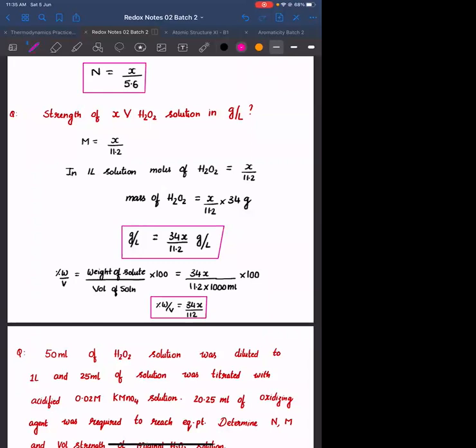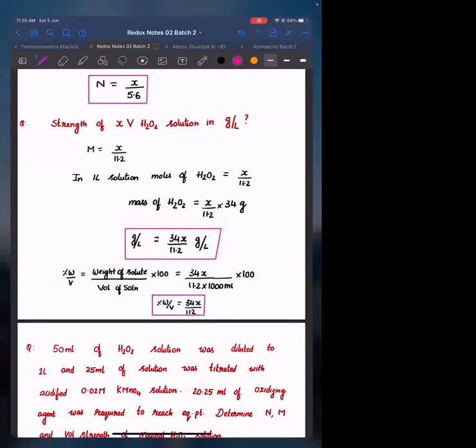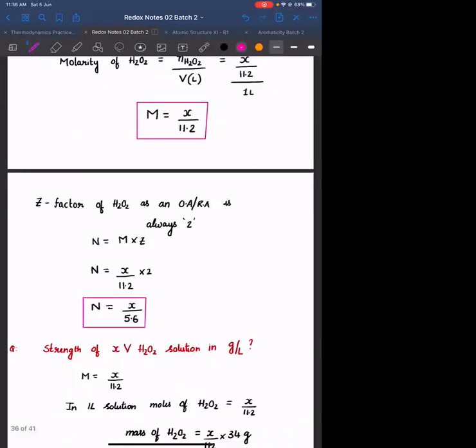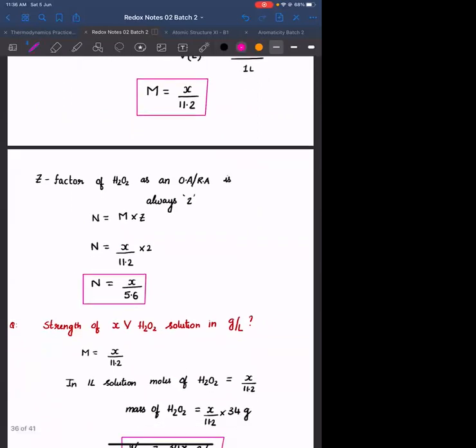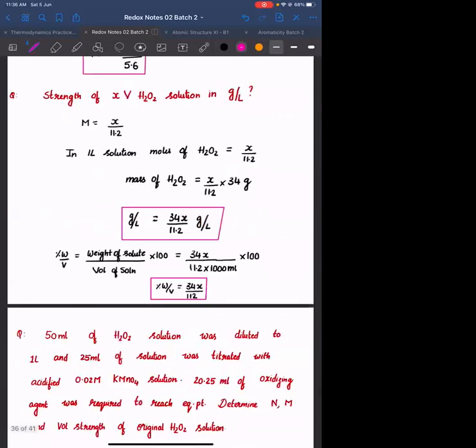Unless and until you know the density, you cannot find the weight of the solution. If you know the density, you can also convert that into percentage weight by weight. Agreed? हाँ सर. Okay. Molarity is equal to X upon 11.2. ये याद रखो, बाकी सब आप लोग डिराइव कर सकते हो. Okay. Solve this question.